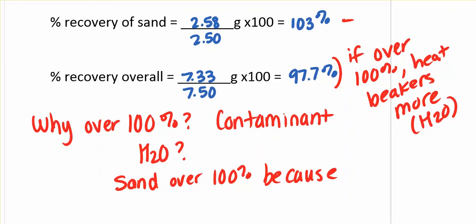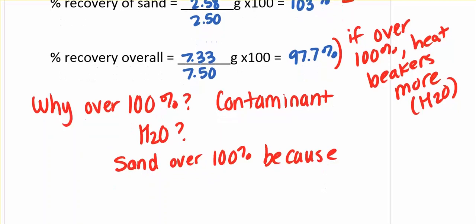If you think about how we do this separation, we added water to our sand and salt, which made salt water, and then we decanted that off. Well, there's some salt water left on the sand, and while we can evaporate off all of the water, there's going to be some salt left on your sand.